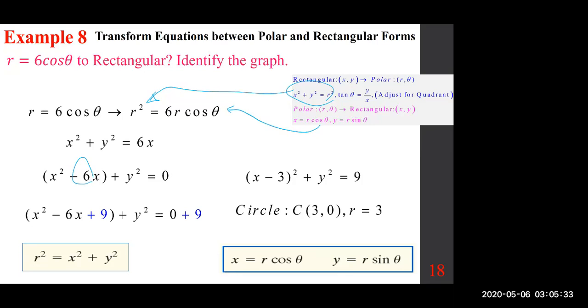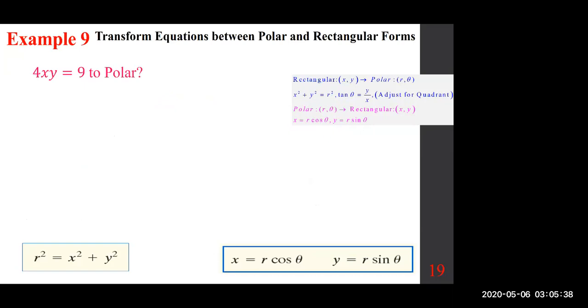Excellent. All right. Now we want to go from rectangular form to polar form. And there is nothing there that we can use as a trick or something. We just replace the x. x becomes r cosine theta. We also replace the y.